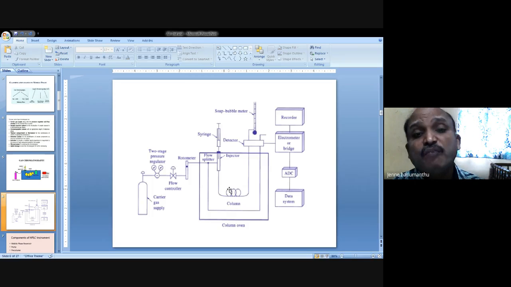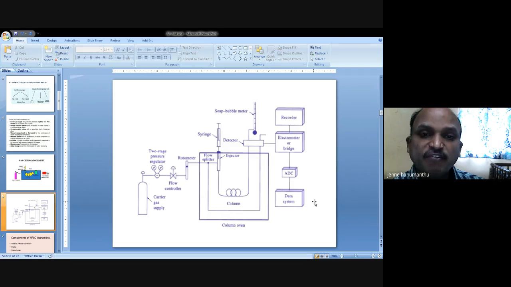For that purpose, we heat the column at a suitable temperature, and this is given to the detector, which may be an electrometer or bridge, or a graphical recorder, or it is converted by an ADC and data system for other analysis. So based upon the graph, you can say which element has the highest concentration in the mixture.